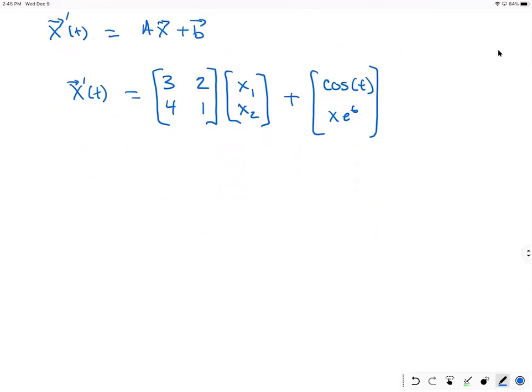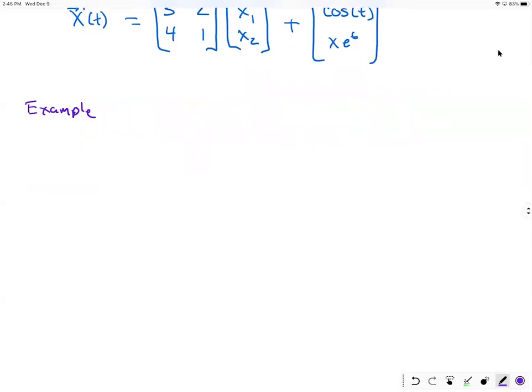Let's see. Here's another example. Let's say we had the second derivative of the function x with respect to t, minus 4y, equals e to the t.